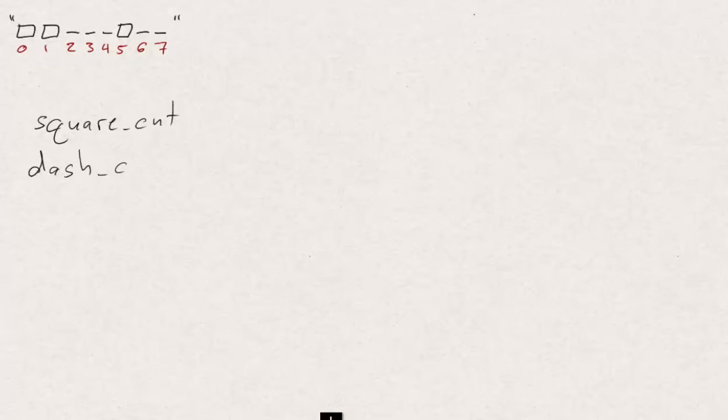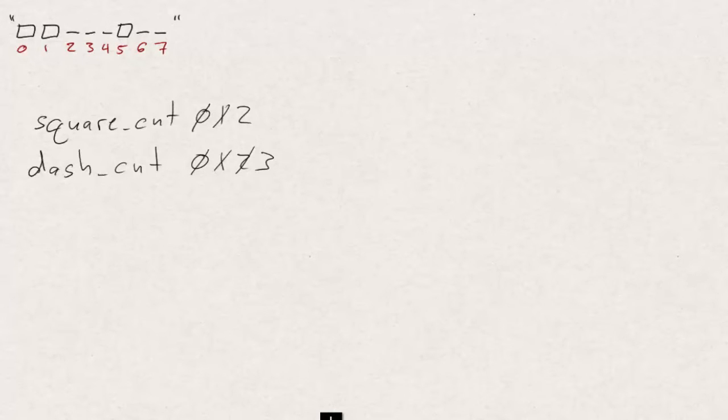And so as we go through the string, as we iterate over the characters, we can just add on to this. They might start off with values of 0, and then when we get to the first one, we'll see that's a square, so we'll add 1 to that. We get another square, add 1 to that, so now it's 2. We get a dash, add 1 to that, and so on. And so we can count the squares and dashes.